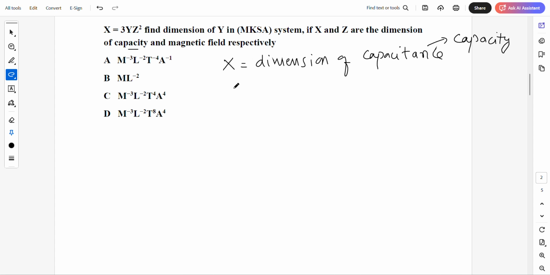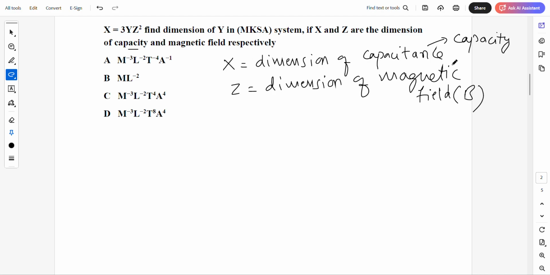Now what is z? z is the dimension of magnetic field. Magnetic field is denoted by B. Capacitance is denoted by C.